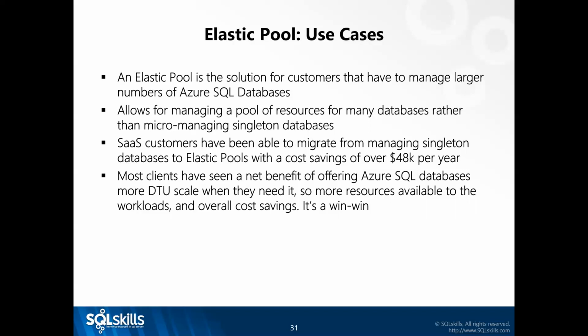And when you do a restore, you're restoring into a pool. If the database isn't being used, all it's consuming out of the pool is the amount of storage that's available to you. So where does this fit in? If you're managing multiple databases, you're probably going to be better off with a pool of resources, so those can scale up and down within the pool, and you're not having to micromanage that.